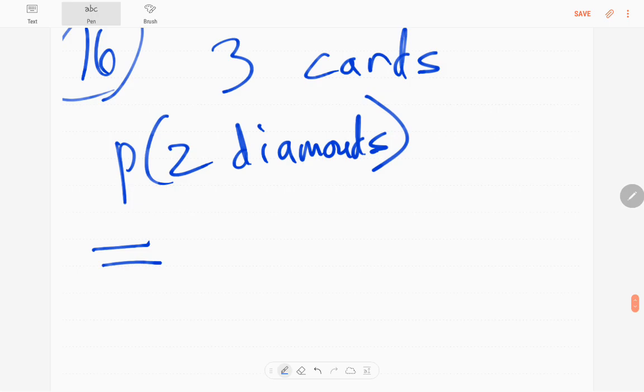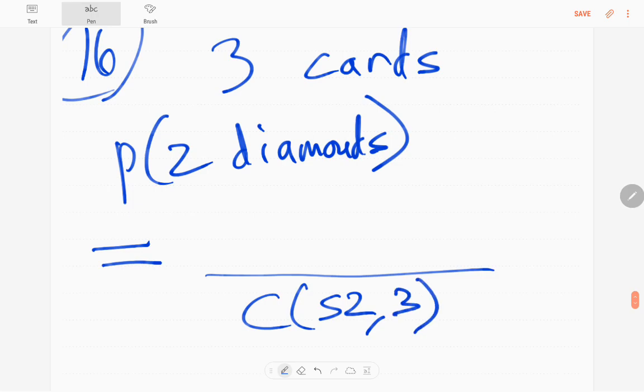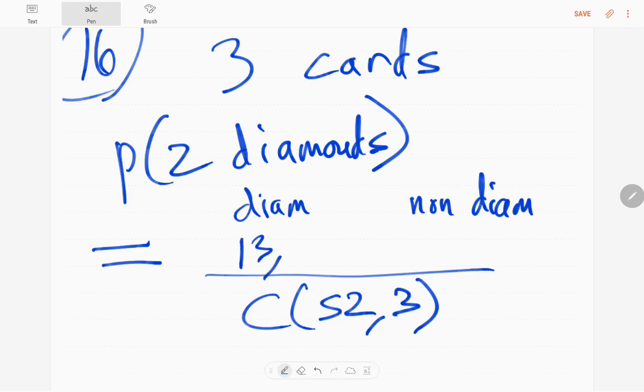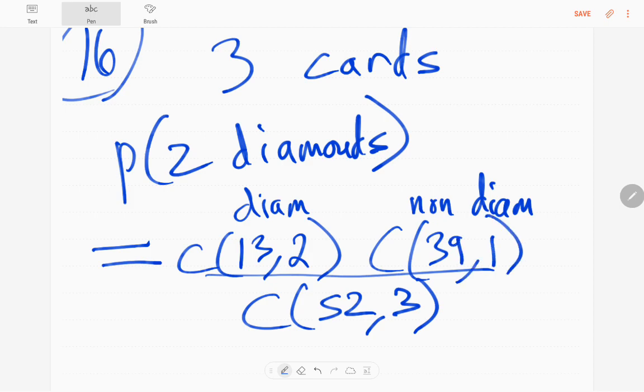So first of all, let's decide what the sample space is. Well, we're choosing 3 out of 52 cards in this particular experiment. So that's the number of ways that that can happen. So what you usually do on this kind of problem is figure out the number of ways to choose the diamonds first, and then figure out the number of ways to choose the non-diamonds second. Well, I know that I have 13 diamonds total, and I want 2 of them to be chosen. So that's the number of ways that we could choose the 2 diamonds, because we're supposed to have exactly 2 diamonds. Well, how many non-diamonds are there? 39, but I just want to choose one of those guys.